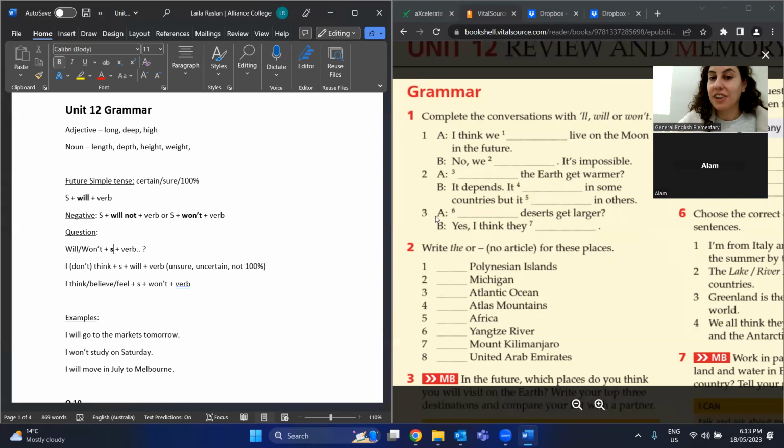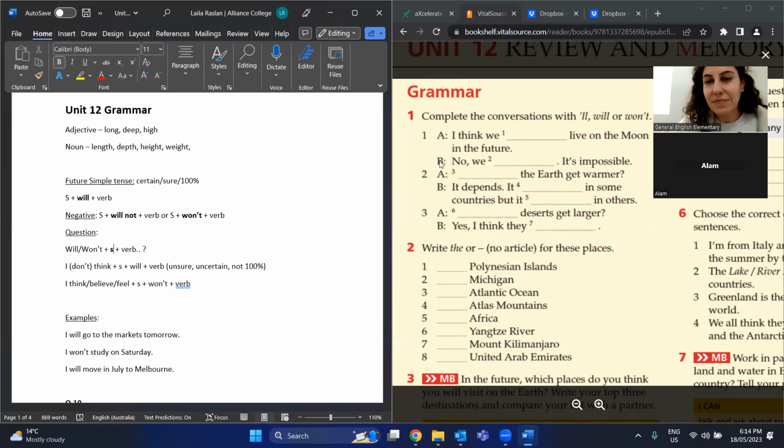A, Roxana, 3A. It's a question, so start with the verb. Will deserts get larger? So will, subject, get larger. B, Camilla: Yes, I think they'll. It sounds better to end with the verb properly, not connect it.